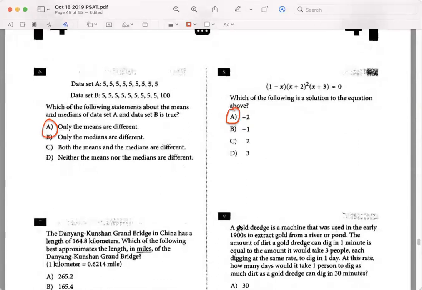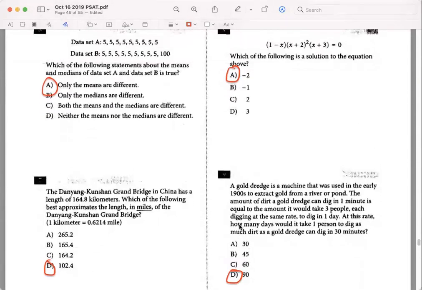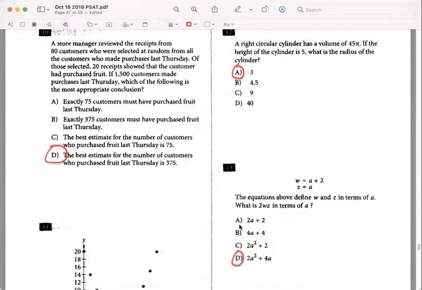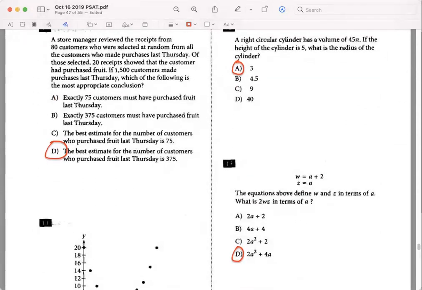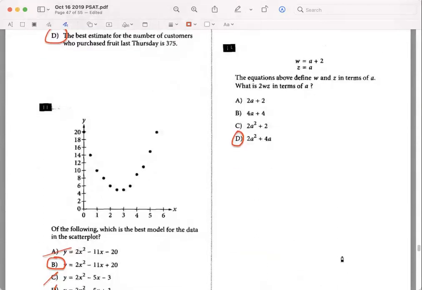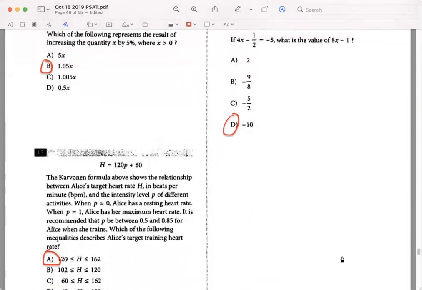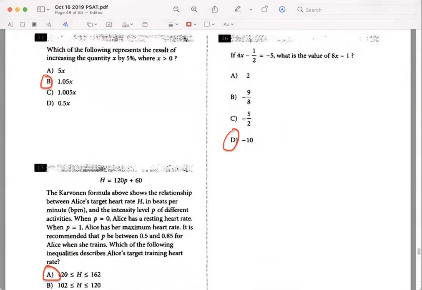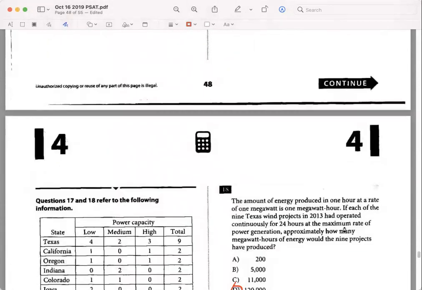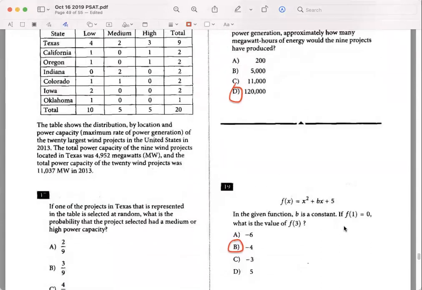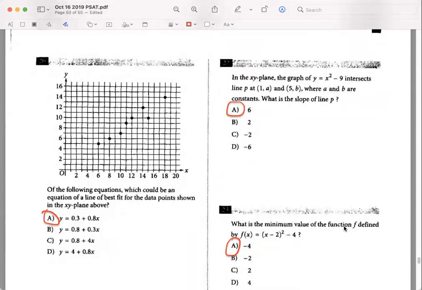Number 6, A, D, A, D, D, A, D, A, D, D. Okay. 11. B, A, D, B, A, B, A, D, B, A. Okay. 16. D, D, D, B, A, D, D, D, B, A.